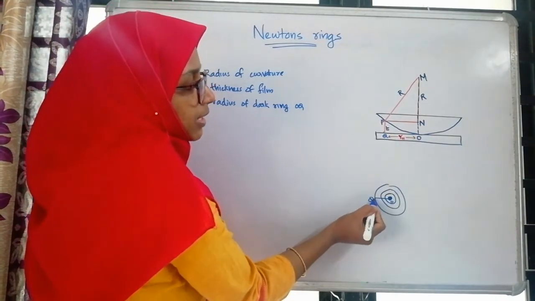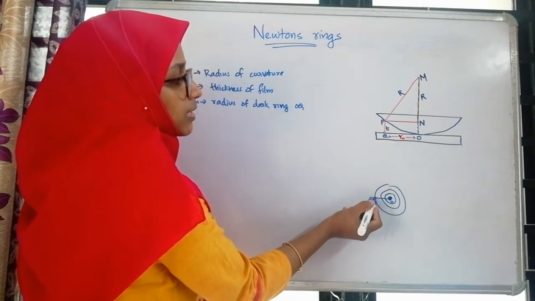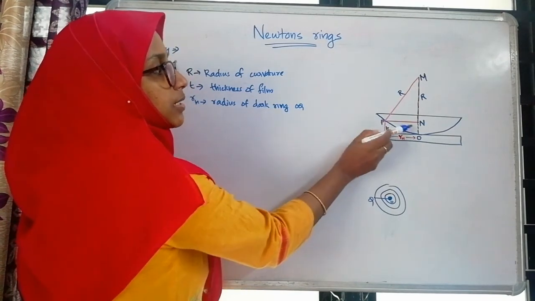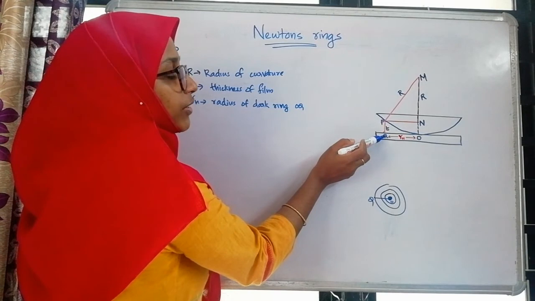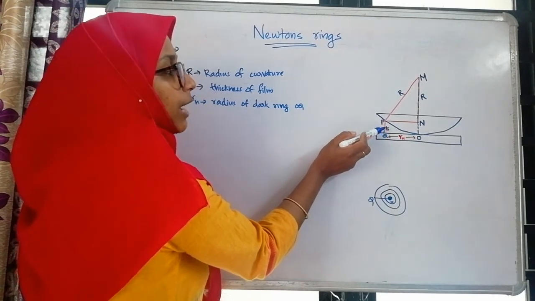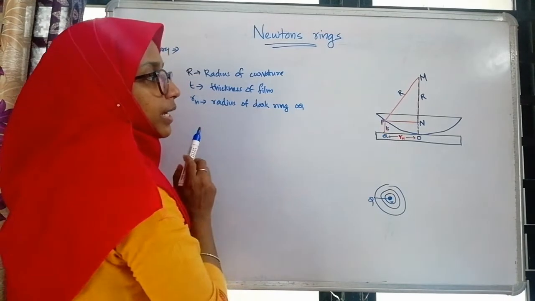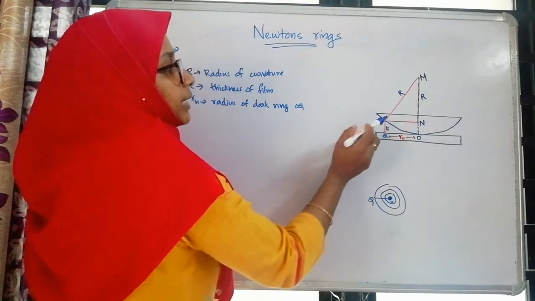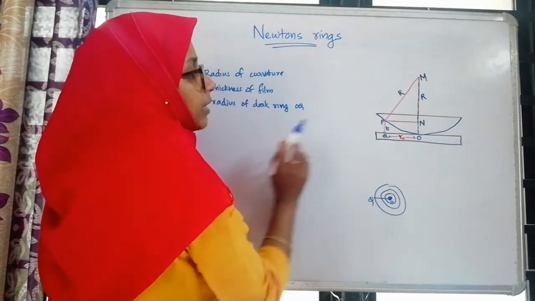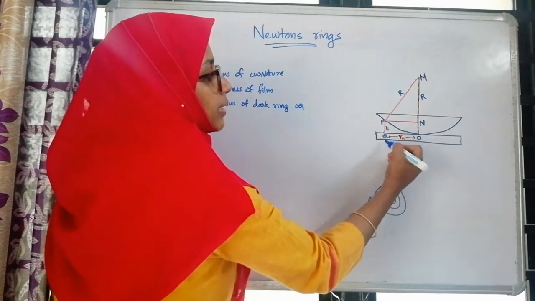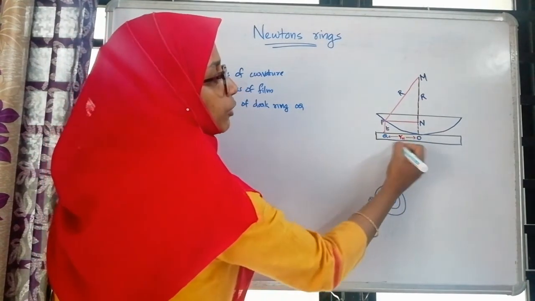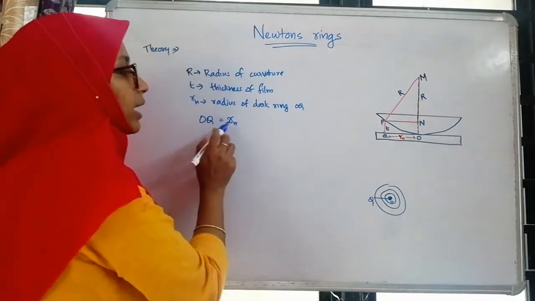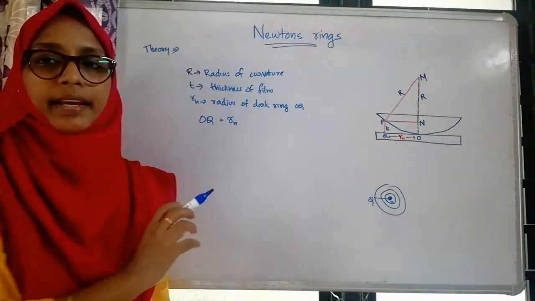That is, if this is the center, we can consider a dark circular fringe at the point Q, which will have a thickness T. That is, the thickness PQ is equal to T. The radius of curvature is R here, and here also it will be the same, and the radius of the circular fringe, that is OQ, will be equal to Rn. That is, for the nth fringe it is represented as Rn.